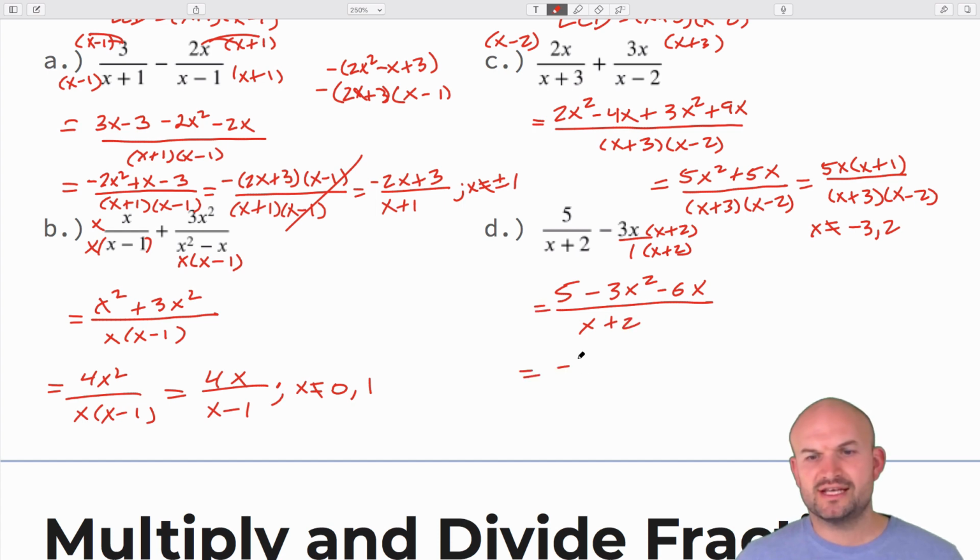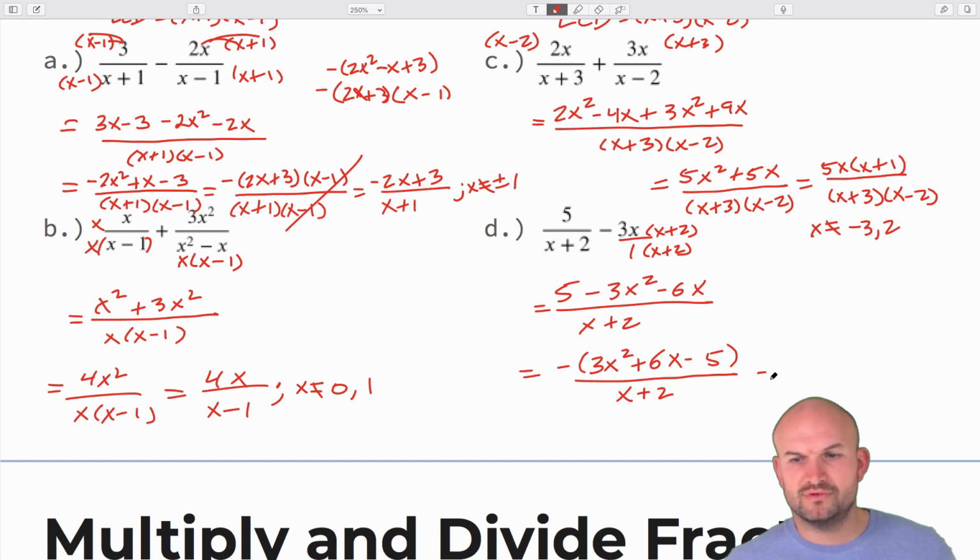Let's go ahead and rearrange that and subtract out a negative, to see if that's going to be factorable. 3x squared plus 6x minus 5. And basically you want to see, is it going to be factorable with a 2, right? Is there going to be something that's going to divide out?